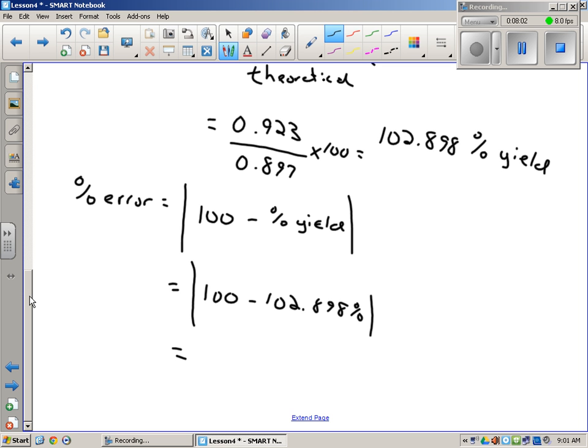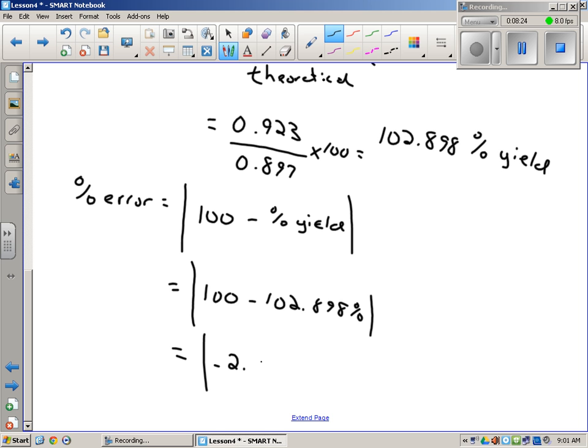The absolute value of the big bars there, you guys know what those are or no? Yes? You guys are in grade 12 now, so I assume so. Hey, you've done that probably at some point. That means you take any negatives and you basically just turn it to a positive, yes? So if I subtract 100 minus this number here, I get a negative 2.89.